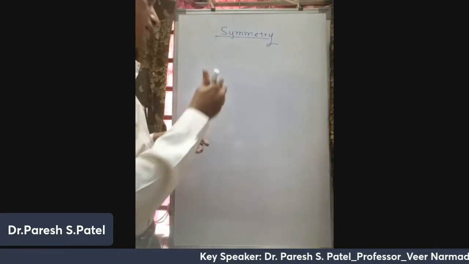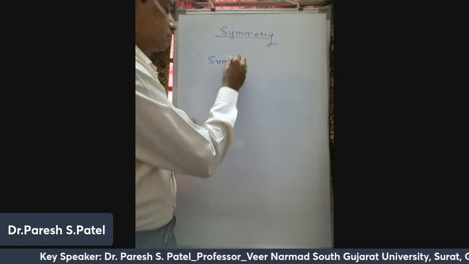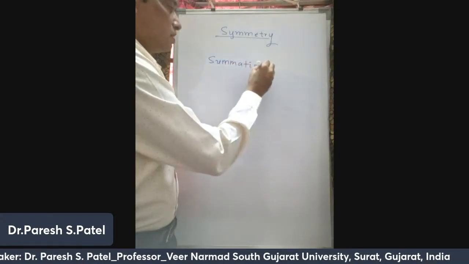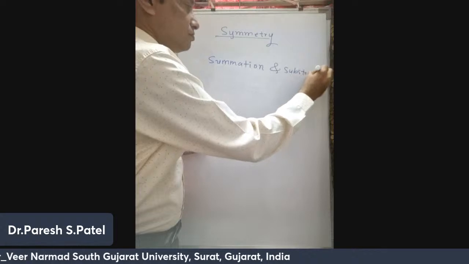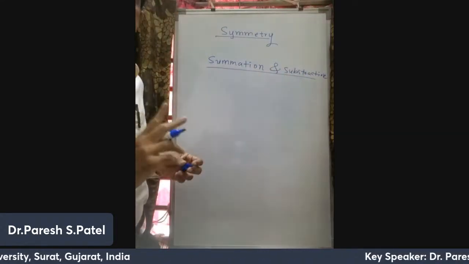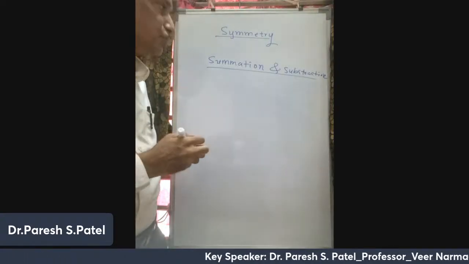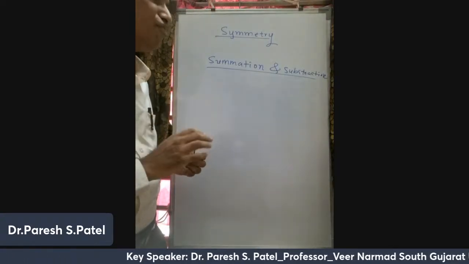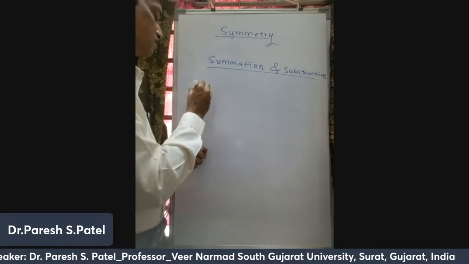Now, summation and subtraction. Summation and subtraction of any two matrices are possible if the numbers of rows and numbers of columns of both these matrices are the same.